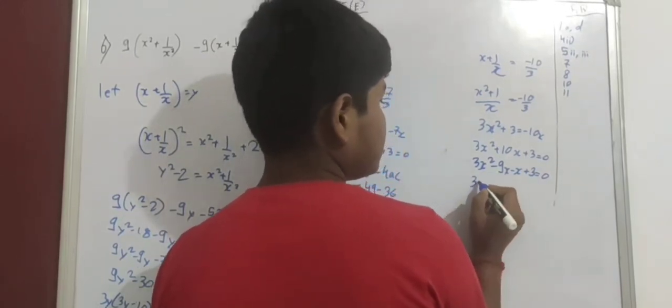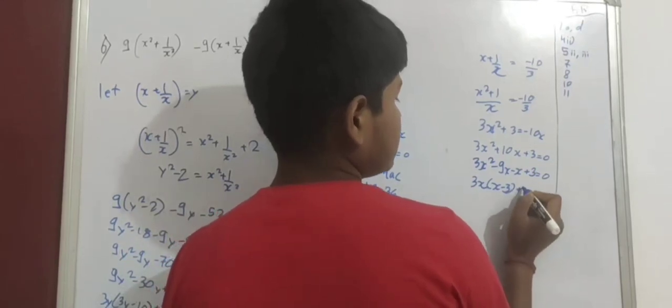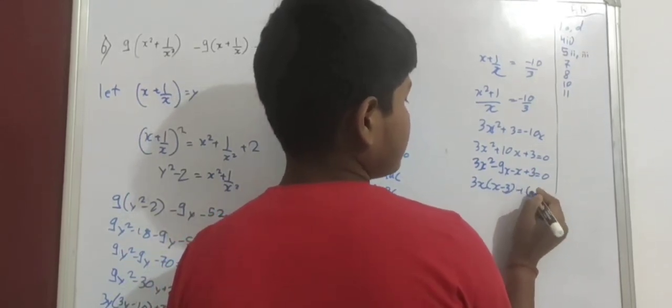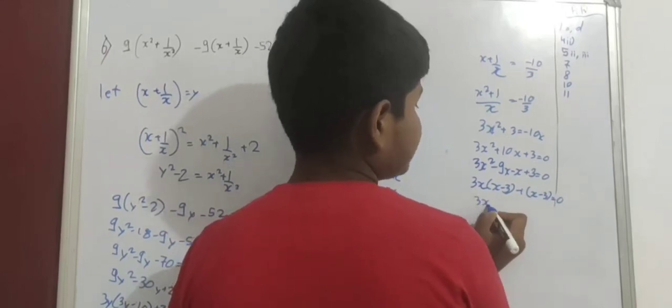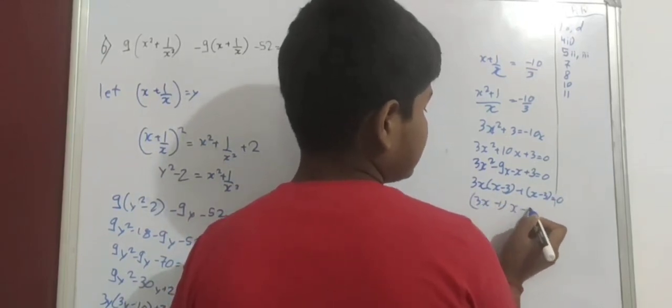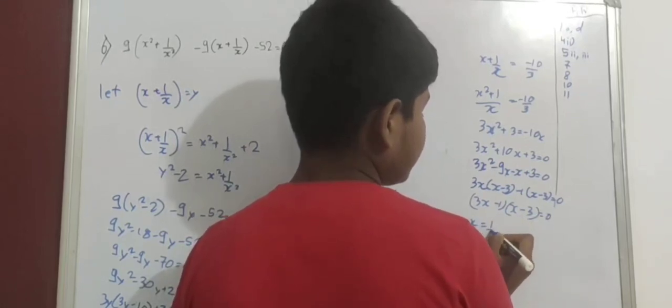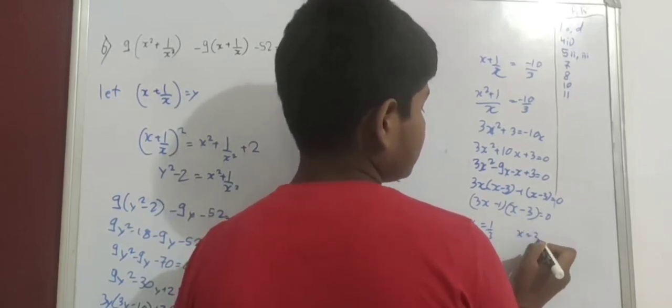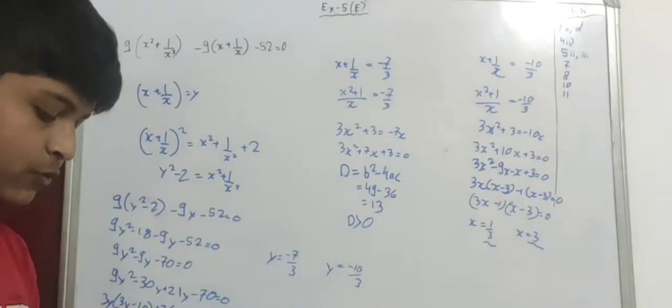So group it, you have 3x into x minus 3 minus 1 into x minus 3 equals to 0. So 3x minus 1 and x minus 3 is equals to 0. You will get x is equals to 1 by 3 and x is equals to 3. Two roots you have got and two more we have to find here.